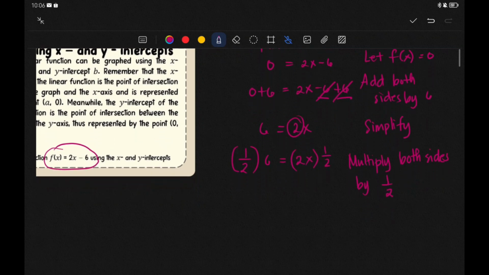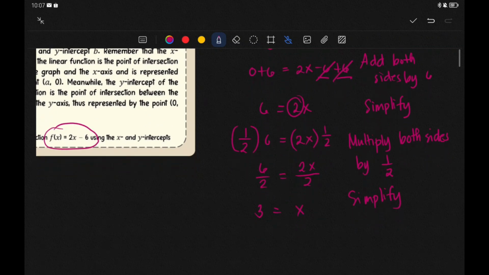So that will become 6 over 2 equals 2x over 2, and simplify. 6 divided by 2, that's 3. 2x divided by 2, that's x. So we have, or that is x is equal to 3.